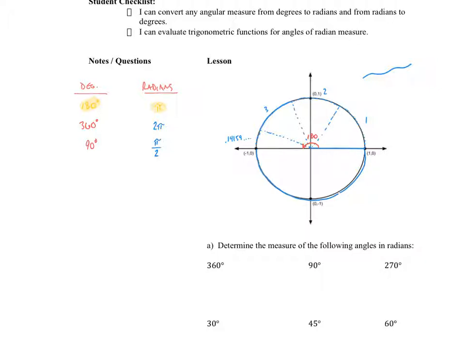But what if we were dealing with, for example, 150 degrees? And maybe I wanted to turn that into a radian measure. Well, what I'm going to do is I'm just going to use what we know. I'll just use this fraction as a guide. This is my guide for how I'm going to set up my proportion.